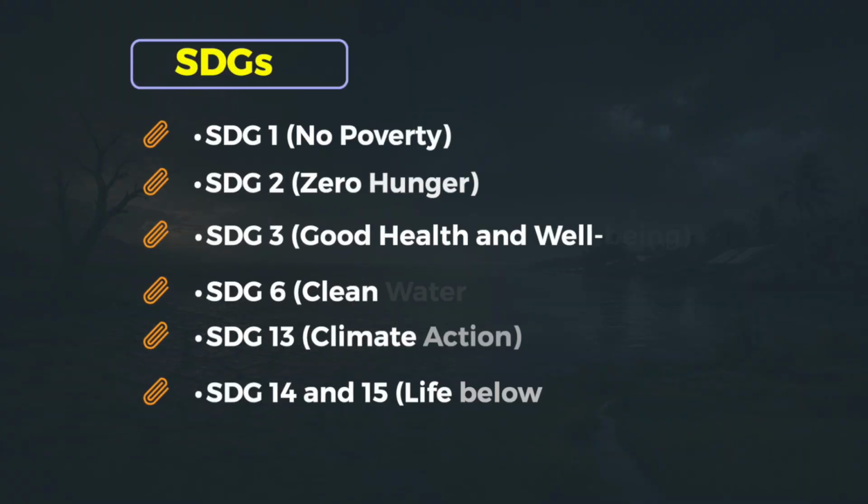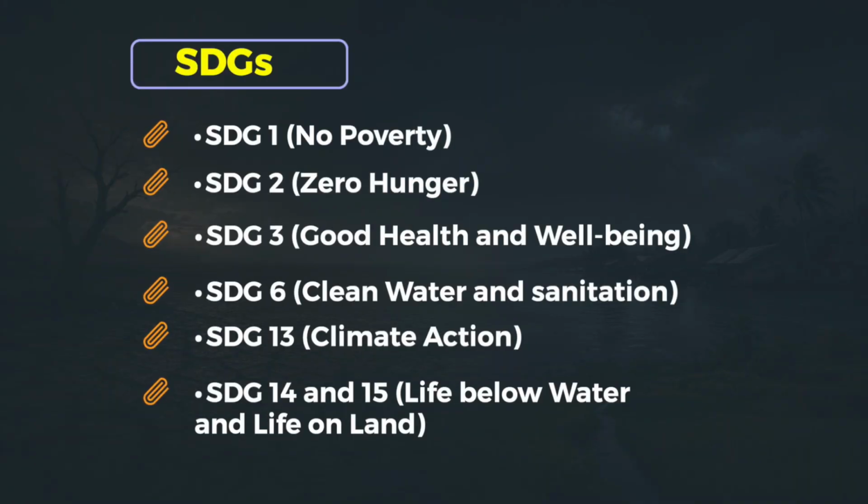It provides insights for SDG 1, related to no poverty, SDG 2, zero hunger, SDG 3, good health and well-being, SDG 6, clean water and sanitation, SDG 13, climate action, and SDG 14 and 15, life below water and life on land. Students, governments and organizations can use it to identify vulnerable populations and initiate specific development programs.